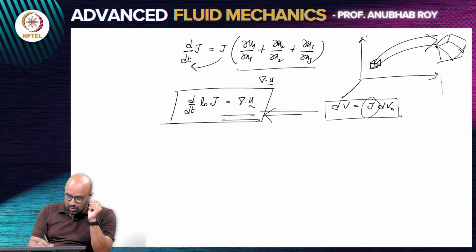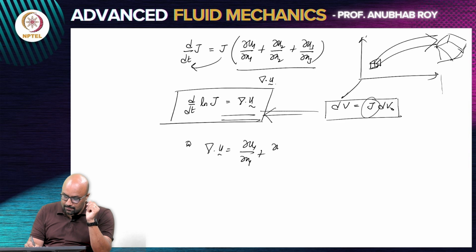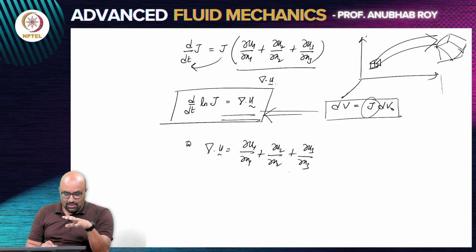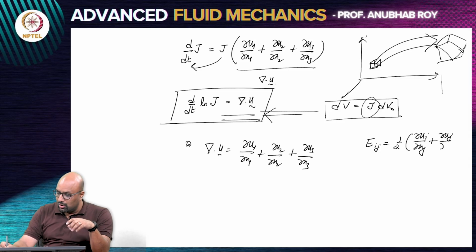And the divergence of u, you can also now check, has a connection to what we started out this section about, which was the rate of strain tensor. The rate of strain tensor Eij is half of ∂ui/∂xj plus ∂uj/∂xi.